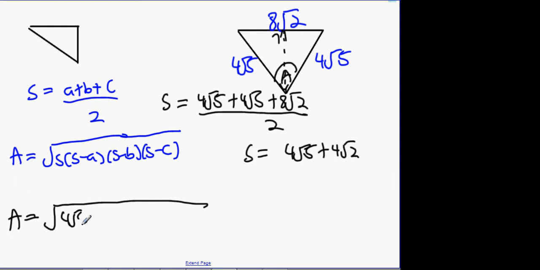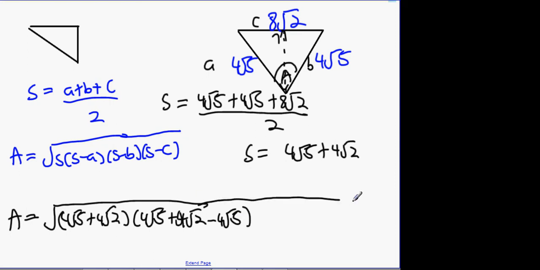4 root 5 plus 4 root 2. Now it is long, but it's pure calculator, so it's actually quite easy. 4 root 5 plus 4 root 2, sorry, 4 root 2. And that's S, that's A, that's B, that's C. So minus 4 root 5.